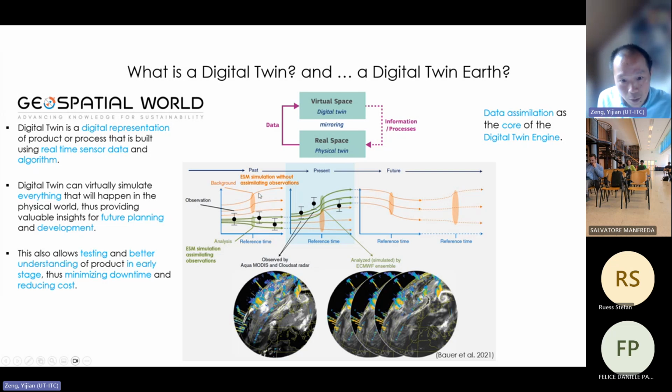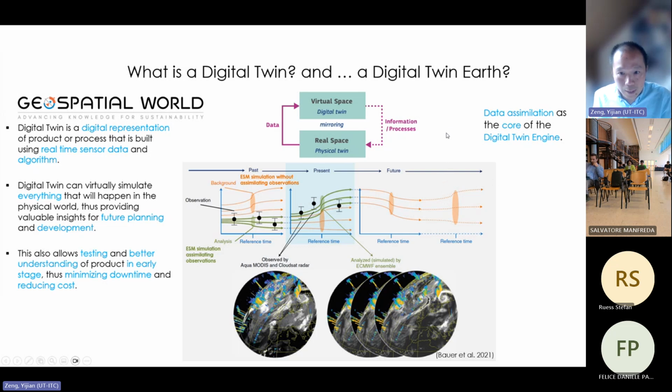So compared to the orange one, the top curve here, you can see the green ones are now much closer to the observation. And this gives you a better estimate of the initial condition, which will increase your accuracy for prediction. So this is the idea of assimilating the observation, and therefore data assimilation is really the core of this digital twin engine.